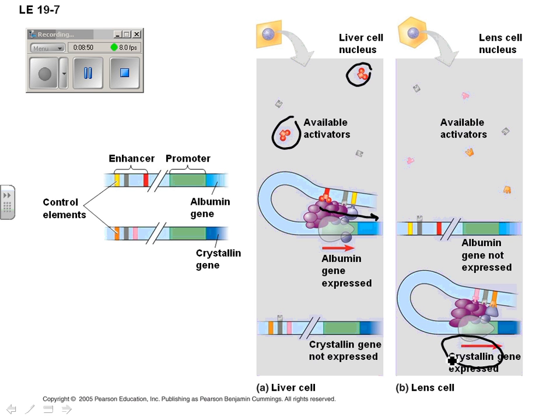In the lens cell, the activators are different than in the liver cell. So the albumin gene is not expressed because it doesn't have the right activators, but the crystallin gene is expressed because it has the right activators. Now, this is very theoretical. We have a little bit of proof of this, but not really that much.